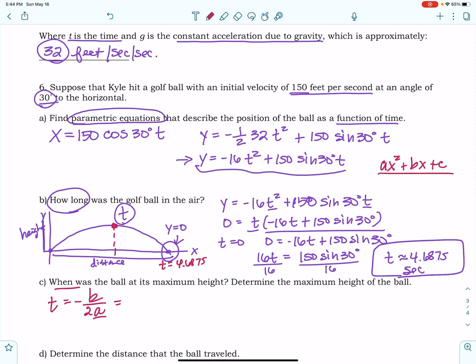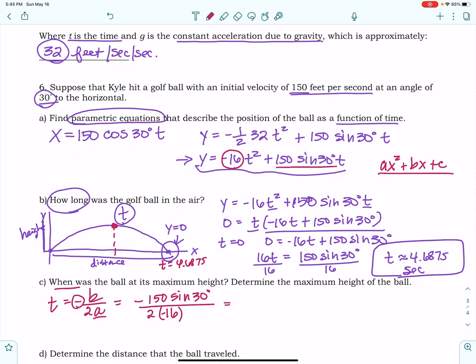So that means that a is negative 16 and b is 150 sine 30. Okay, so this is going to be a negative b because of this right here. So I've got negative 150 sine of 30 degrees over 2 times 16. And actually it's negative 16, so focus up.